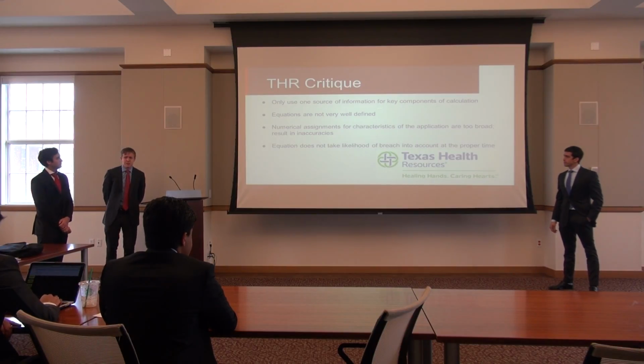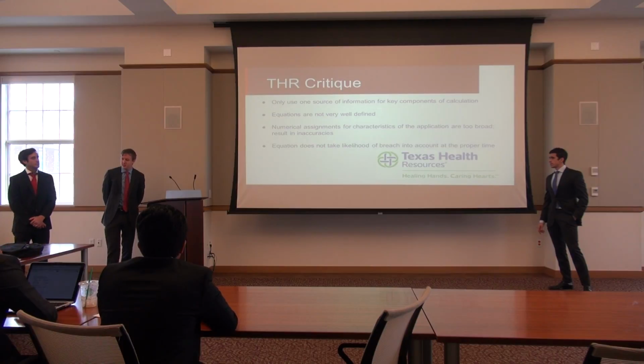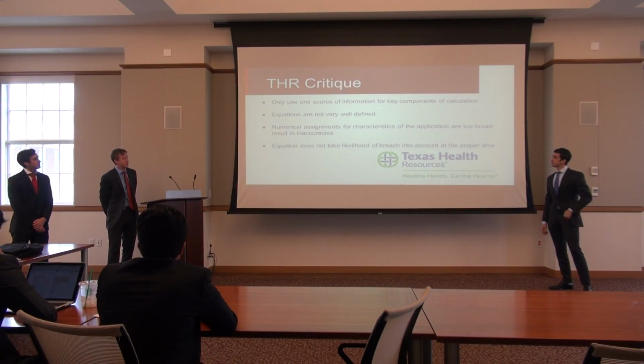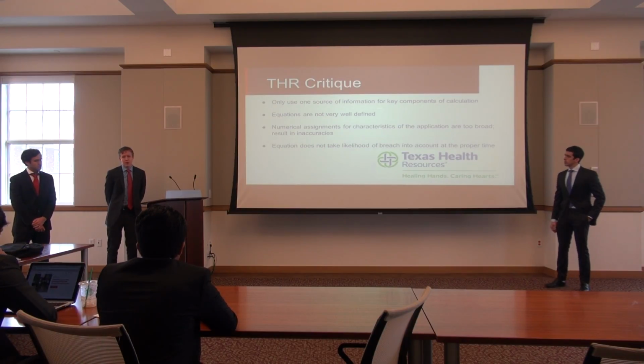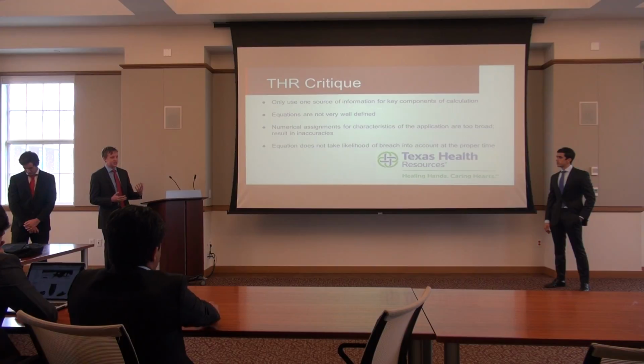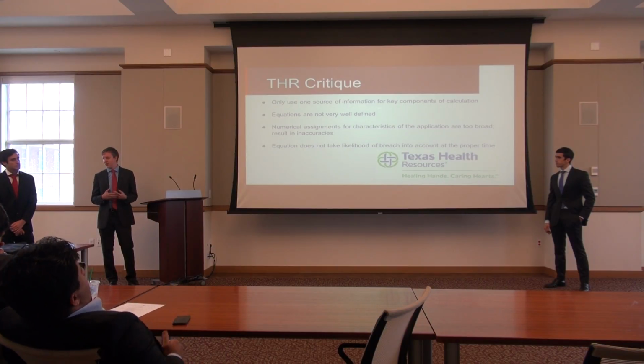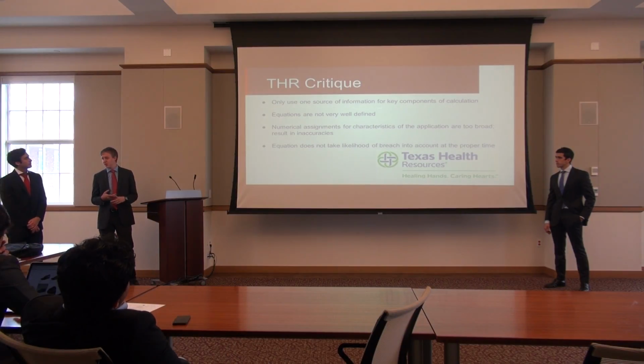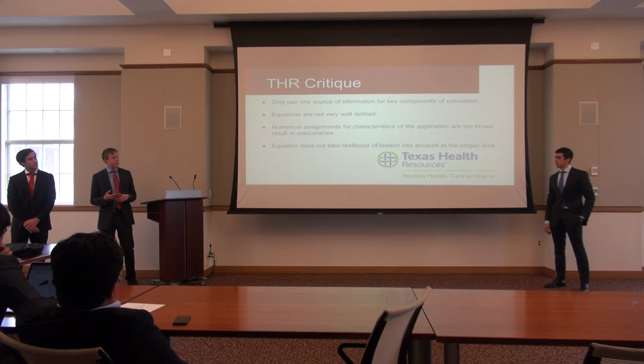Yeah. So the rest of the issues that we found, besides the equations being pretty much a complete mess, is that they were using numerical assignments for the different problems they had. Let's say the sensitivity of information: they had 3 levels, with confidential patient information all the way down to public information.